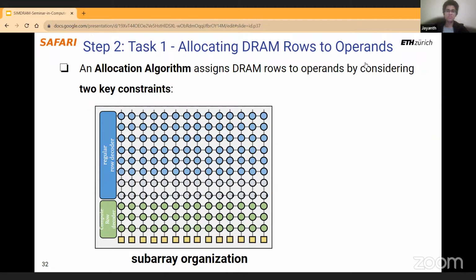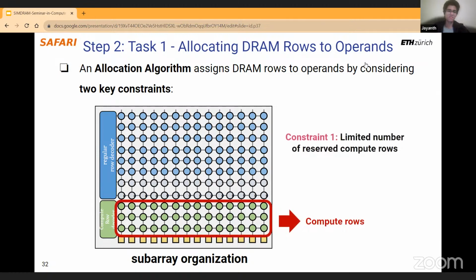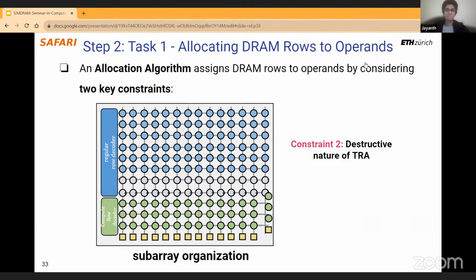To allocate rows to operands, the framework implements an allocation algorithm. This algorithm considers two key constraints. The first, as discussed, is the limited availability of reserved compute rows with which we can perform in-DRAM operations. And the second is the destructive nature of TRA. When you perform triple row activation, we saw that all three rows would be overwritten by the majority output.